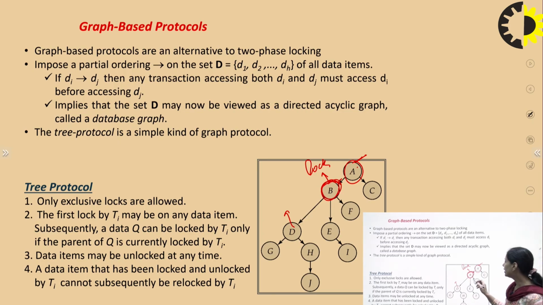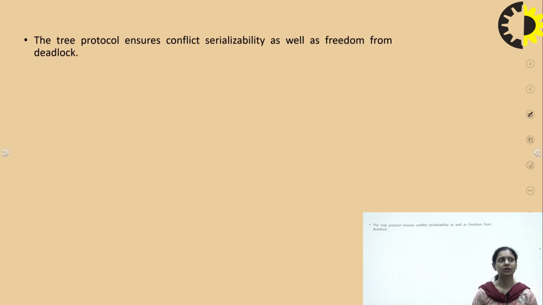In case the parent node is not locked, I cannot put a lock onto the child node. But the data items can be unlocked at any time. A data item that has been locked and unlocked by Ti cannot subsequently be relocked again. That means we can lock or unlock a data item only once.